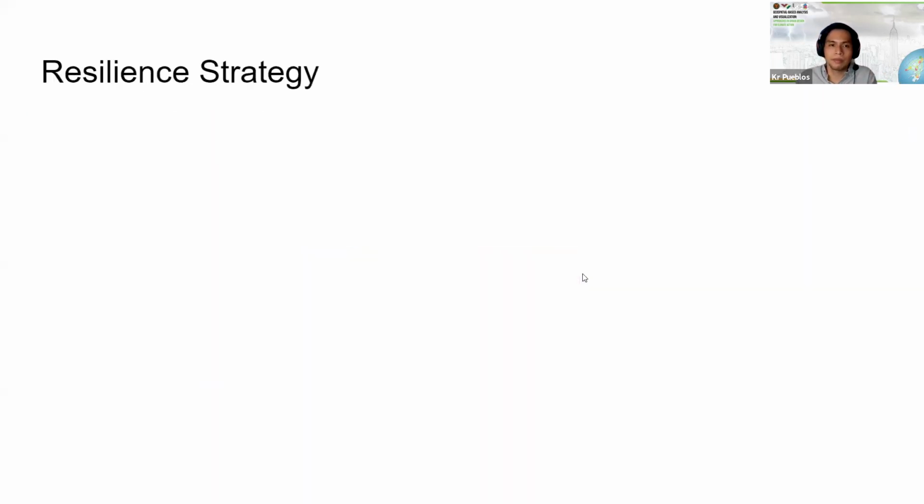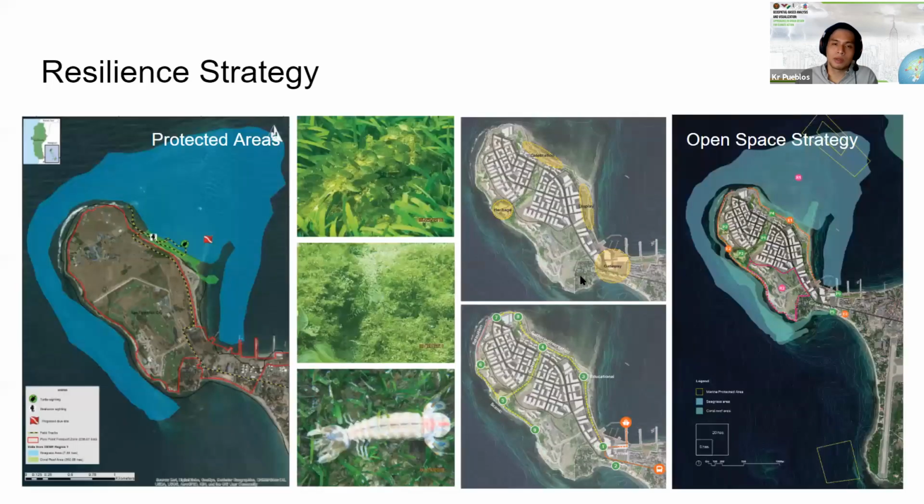And not forgetting, of course, your resilience strategy, looking at protected areas, looking at the ecosystem that's outside the site even, and knowing what to protect, knowing where development should be constrained to, and then both sides, right, from protected areas where development should not happen at all, and areas where we have open space for development. So these are your different parks and different activities related to it.